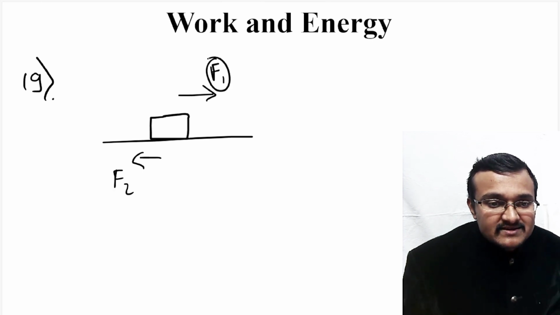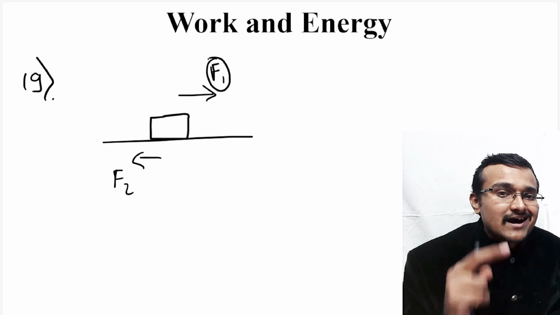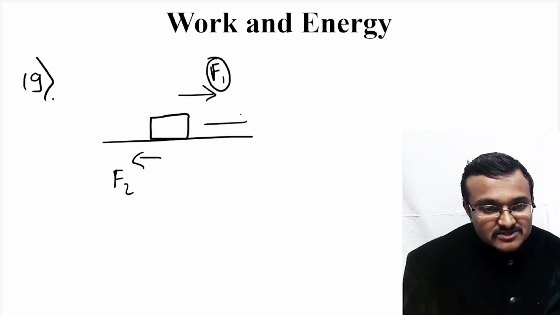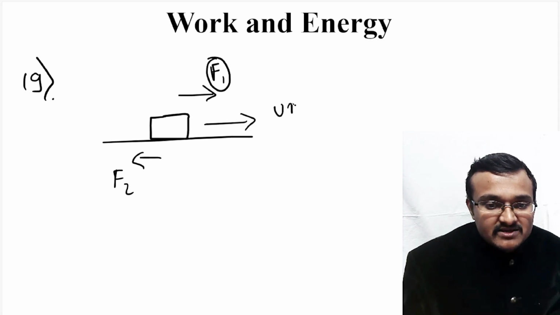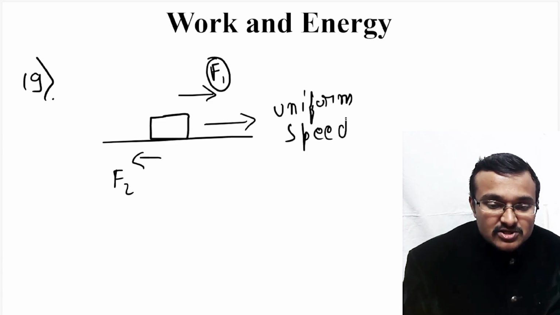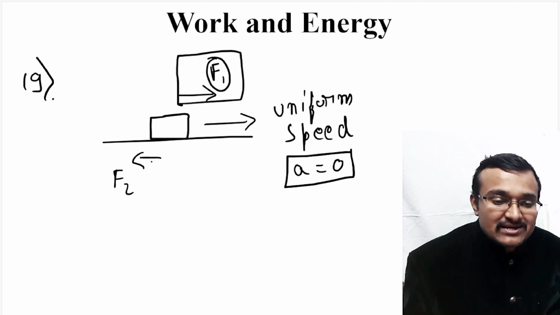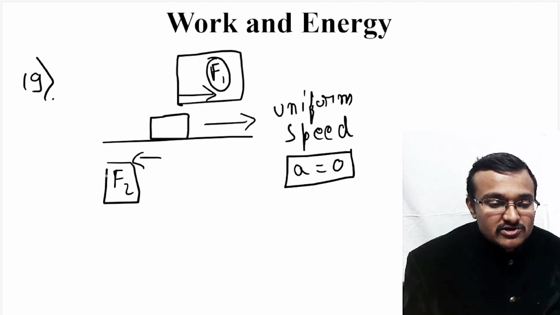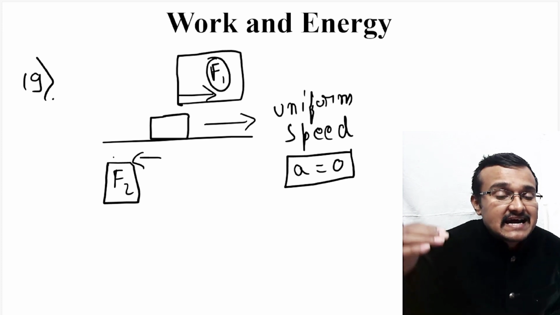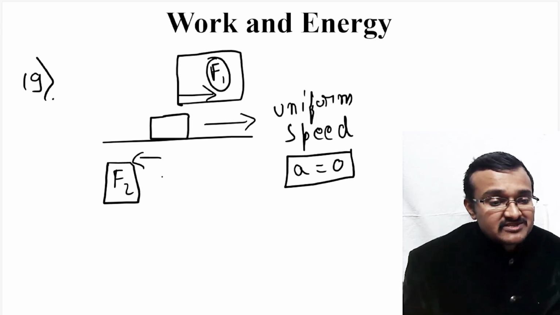F1 is the force acting along the direction of motion, and this object is moving in this particular direction with uniform speed. If this object is moving with uniform speed, it means there is no acceleration. So this object is traveling at uniform speed, that means acceleration is zero. In order to maintain this uniform speed, there is a certain amount of force F1 acting on this, because there is a certain amount of drag force which is acting opposite to the direction of motion, which is F2.